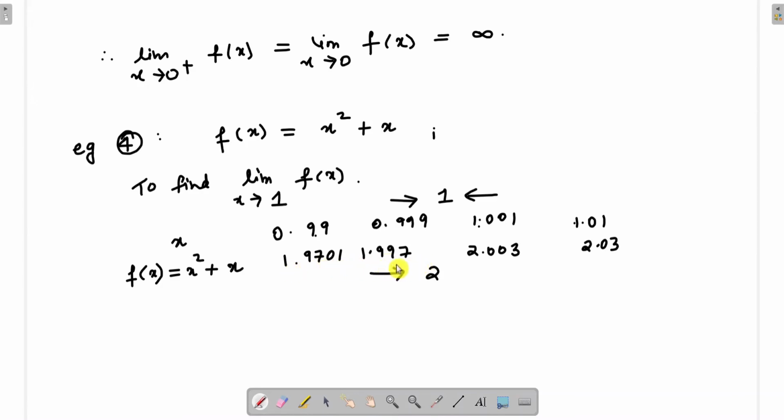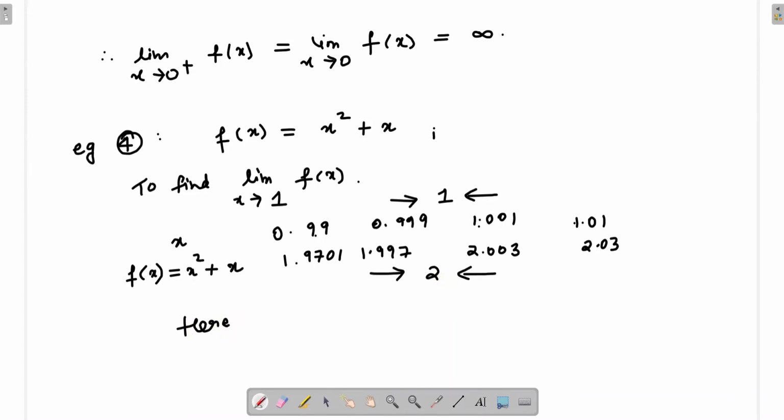If you look at 1.97, 1.997, from the left hand side the function value is approaching 2, and also from the right hand side, because you have 2.03, 2.003 and so on, so the f(x) values are approaching 2.